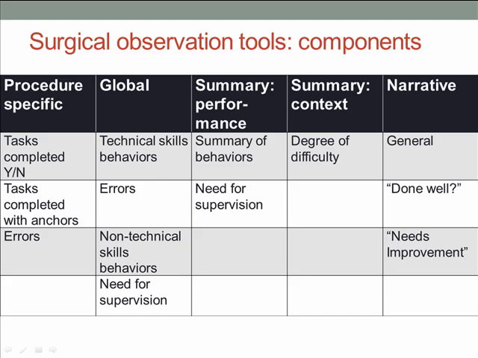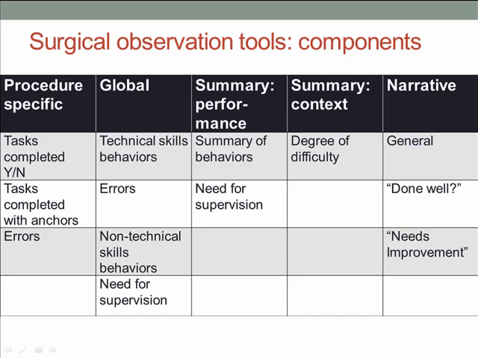So for the procedural observation tools, I sort of categorized what's on the tools into the following categories, which appear at the header of the columns. Some of these tools have procedure-specific items. Some are checklisty, task completed, yes, no. Some are tasks with descriptive anchors, so very rich. Some are procedure-specific errors. Some of them have global elements, either technical skills, behaviors, errors that are global, non-technical skills, behaviors, the communication, teamwork, and need for supervision.